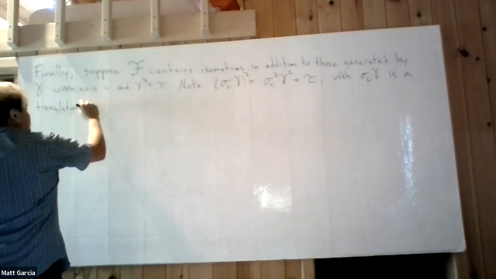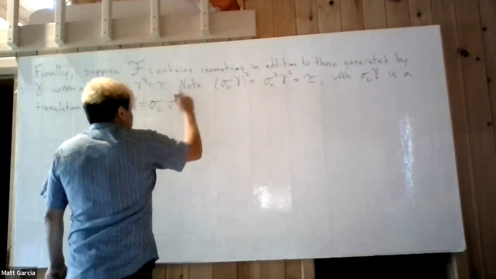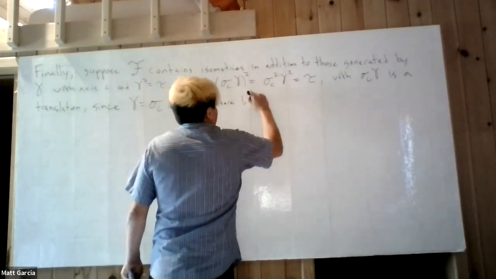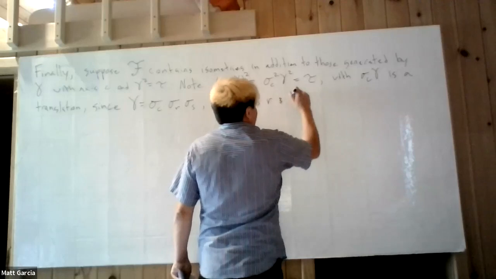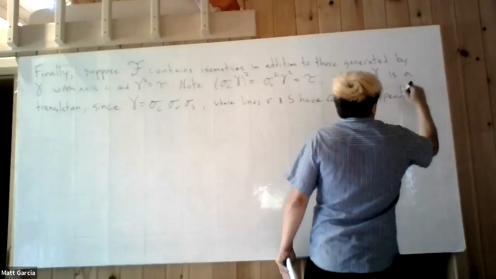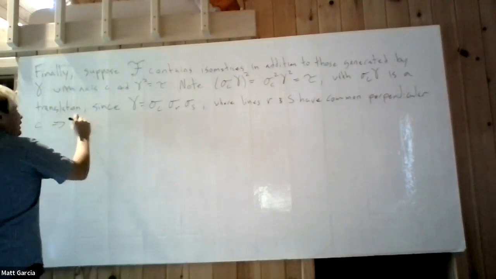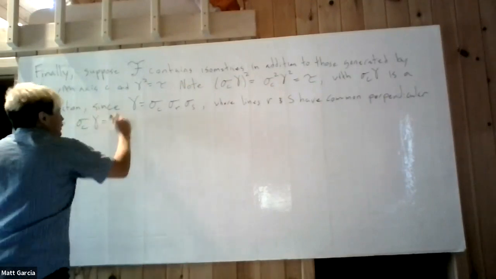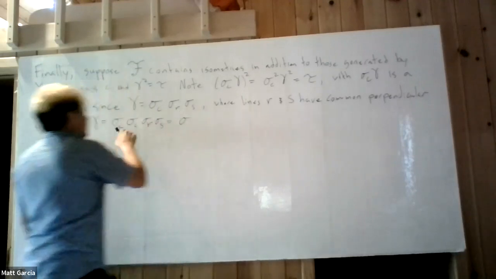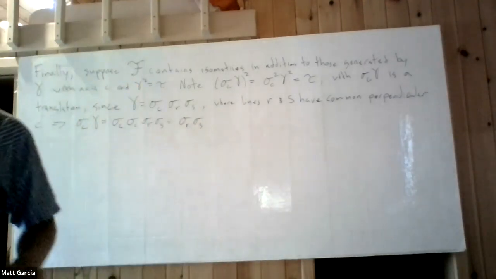Sigma C gamma is a translation, since gamma is equal to sigma C, sigma R, sigma S, where lines R and S have common perpendicular C. So that implies that sigma C gamma is equal to sigma C, sigma R, sigma S. Of course, since sigma C is an involution, we just get sigma R, sigma S. We have a product of reflections in parallel lines. That must be a translation.